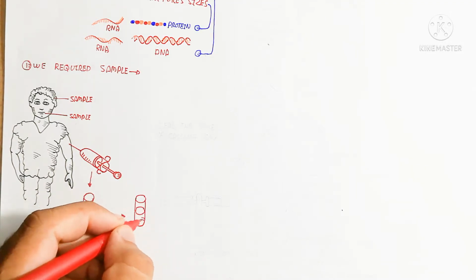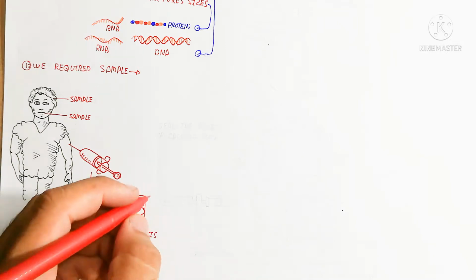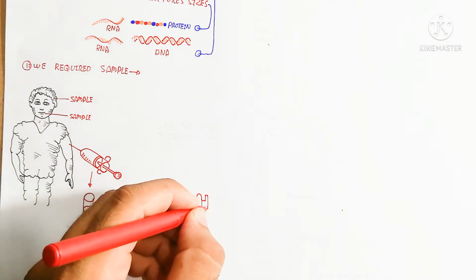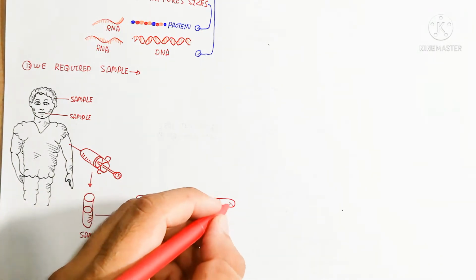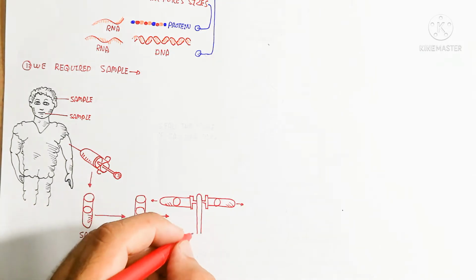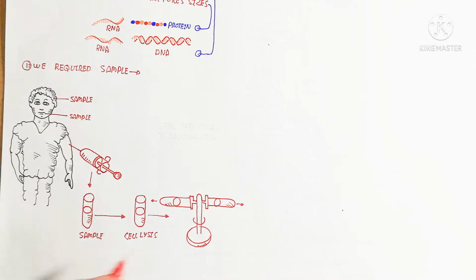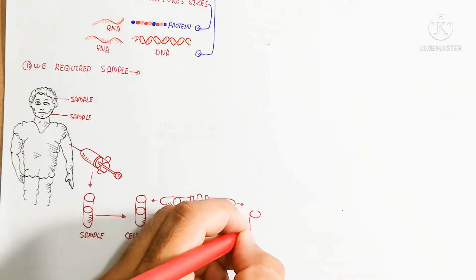So that was a crime-involved person. Here we can take the sample from their hair, and we can take a blood sample from the dead body at the time of death, or a sample from the mouth, for understanding or some other reason. Here we are taking the sample from the blood.